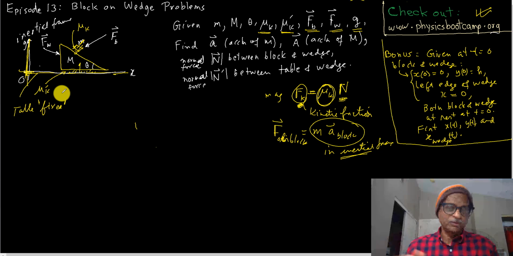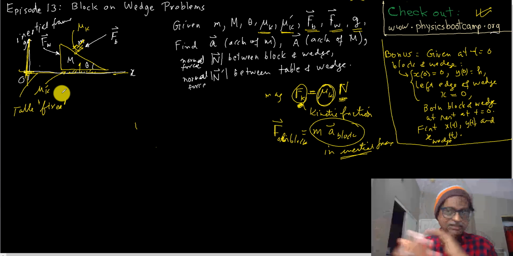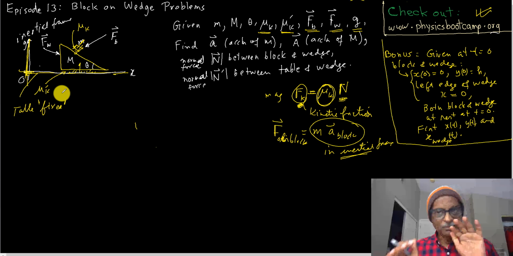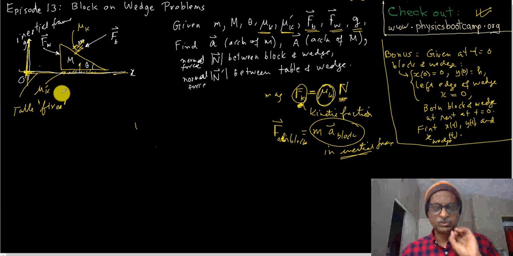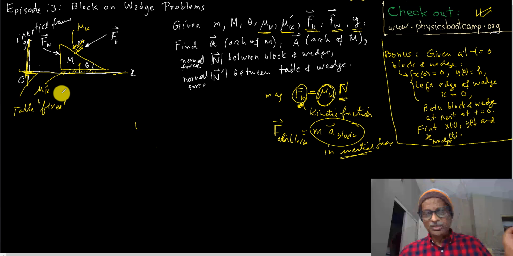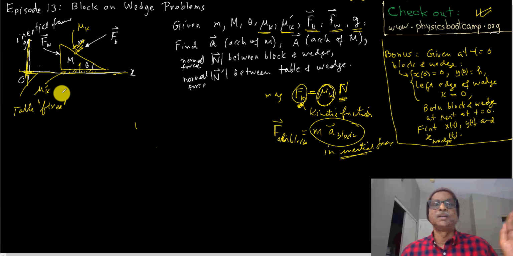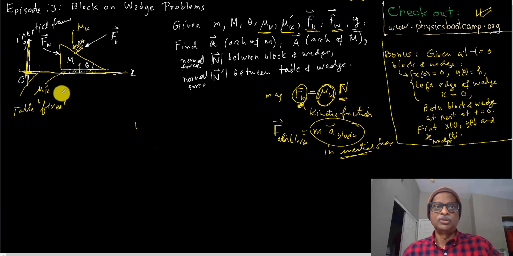In the last couple of videos I talked about how to take the effect of the rotation of the earth into account, but for this particular set of problems we are not going to worry about it. Rotation of the earth or revolution of the earth around the sun, we just forget that part. They're not important for this problem, and we just assume these are inertial frames.